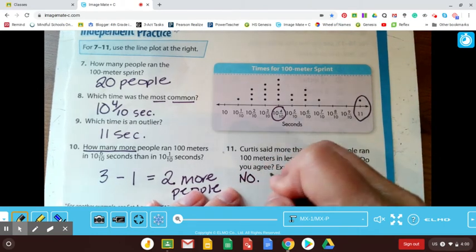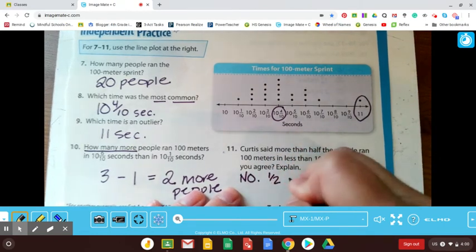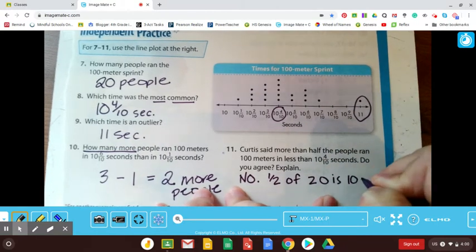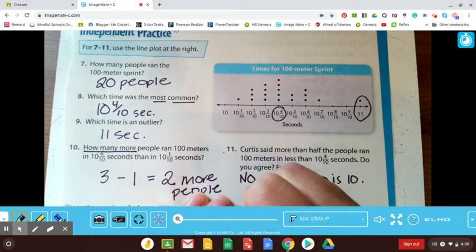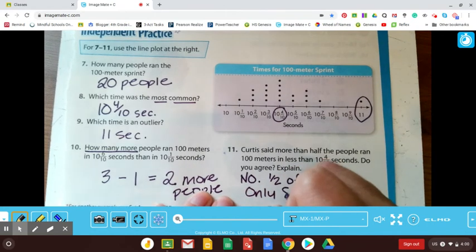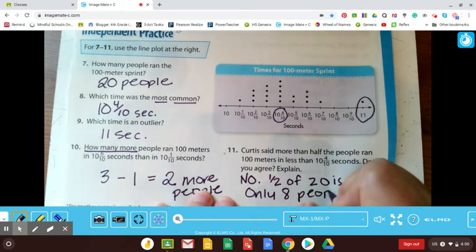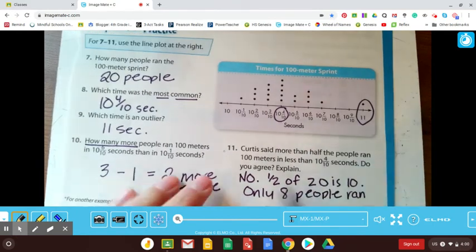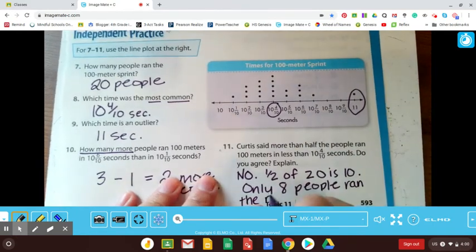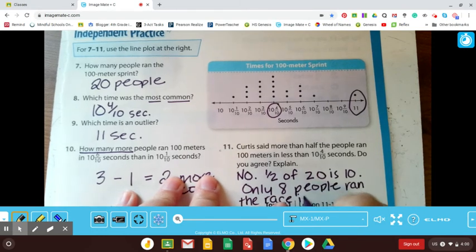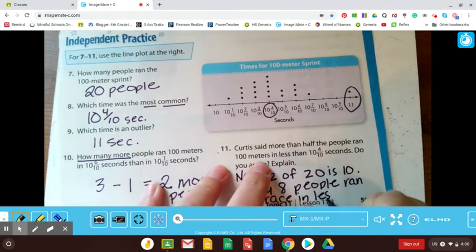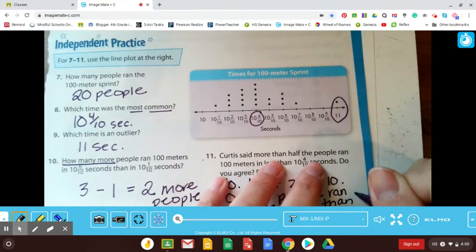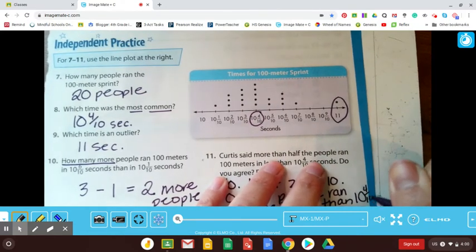No, because 1/2 of 20 is 10, and only 8 people ran, sorry, I'm running out of room here, ran the race in less than 10 and 4/10 seconds.